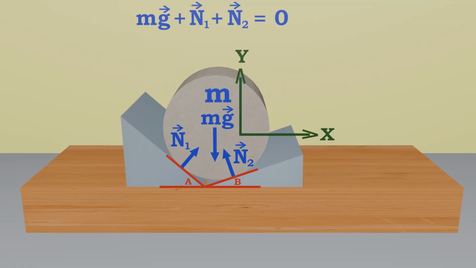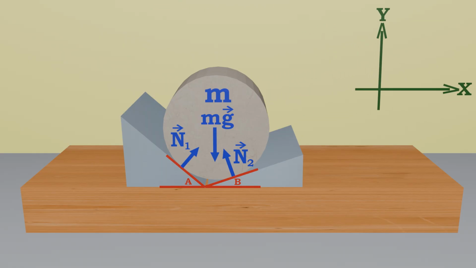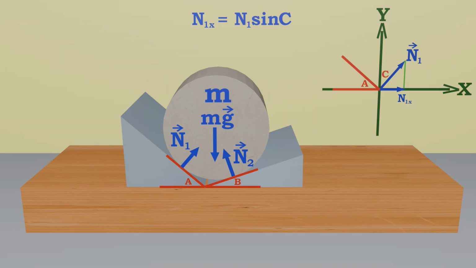Let's find the components of force N1 along the x and y-axis. The projection of force N1 onto the x-axis is N1x equals N1 sine C. Its projection onto the y-axis is N1y equals N1 cosine C.